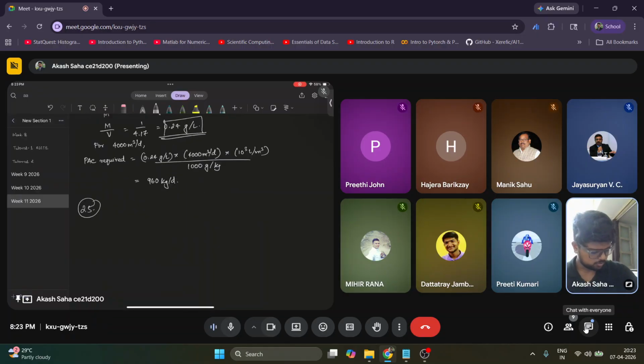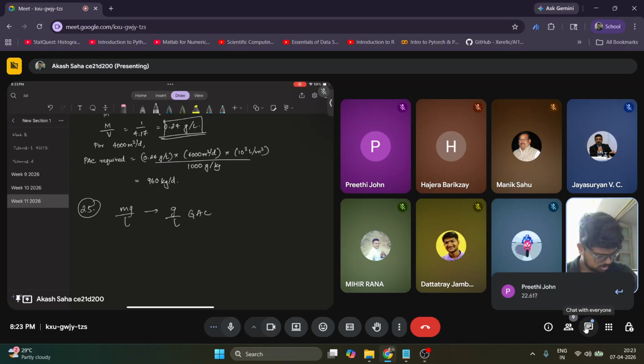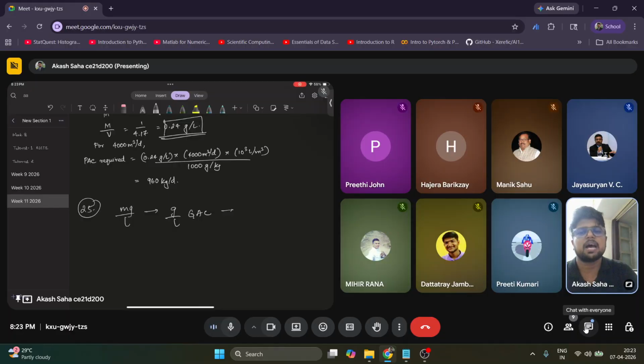First we will calculate the gram per liter of GAC. Yeah, I think something like that only will come, because in my answer there is some calculation mistake. So let's say, but 22 gram per liter is very high for dosage. If 22 grams per liter are required, that is actually very high for an adsorbent dose.